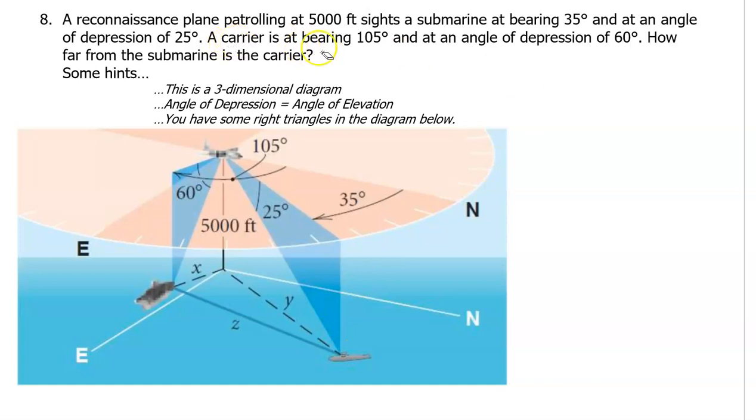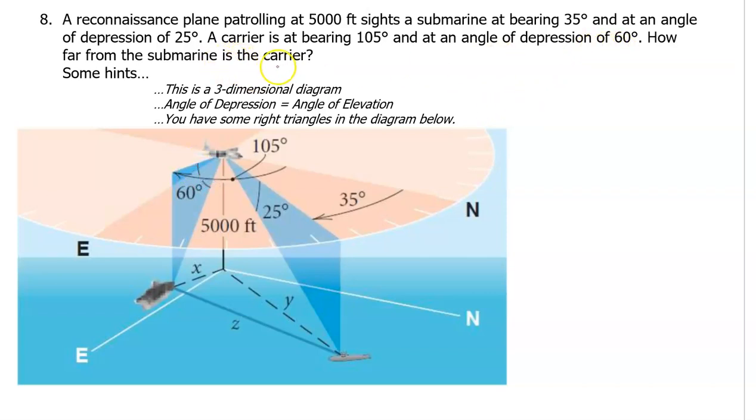A carrier at a bearing of 105 degrees. So again, if this is north, bearing 105 means 105 degrees away from north, like that. And at an angle of depression of 60 degrees that you can see right here, all right, 60-degree angle of depression.